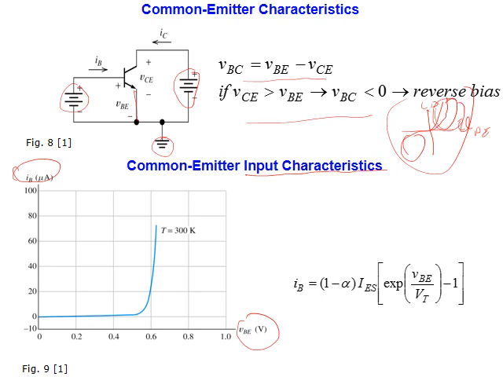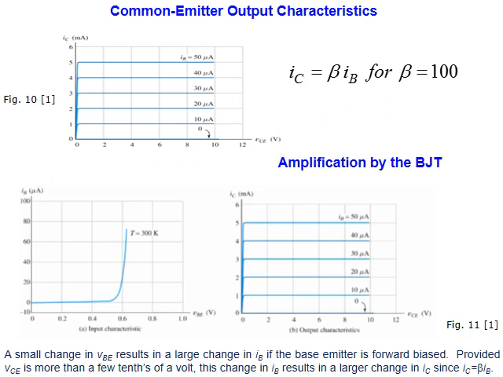You see? Similar. Quadrant 1. And the second is the output characteristics, which is the relationship between V collector emitter and I collector. It looks like many curves, this one, this one, this one, and so on. Why? Because it's based on I base.